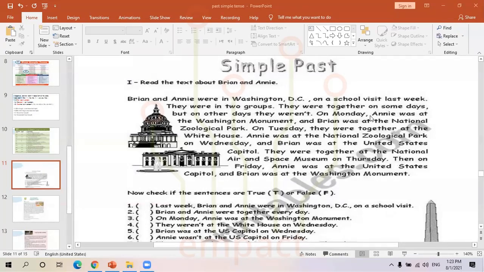On Monday, Annie was at the Washington Monument. And Brian was at the National Zoological Park. On Tuesday they were together at the White House.